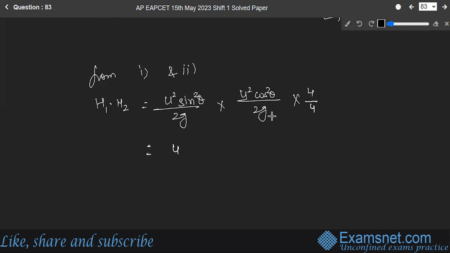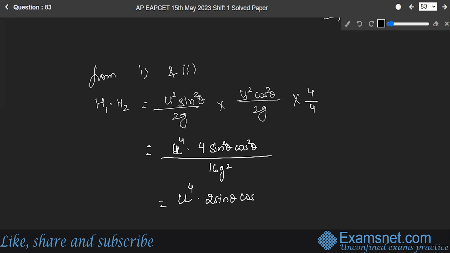I'll take u power 4 into 4 sine square theta cos square theta upon 16 g square. So you have u raised to power 4 into 2 sine theta cos theta whole square upon 16g square.